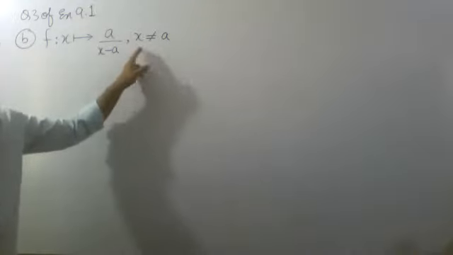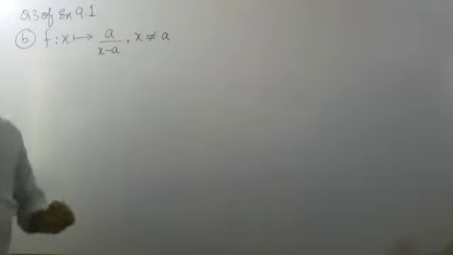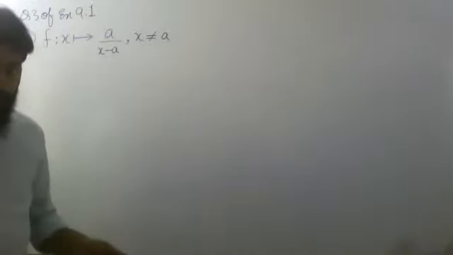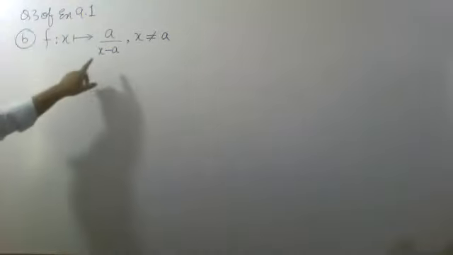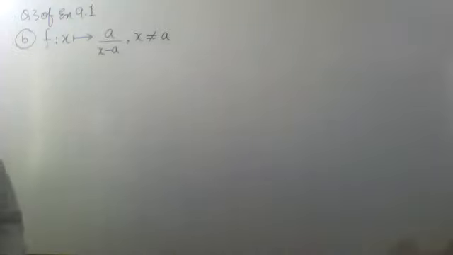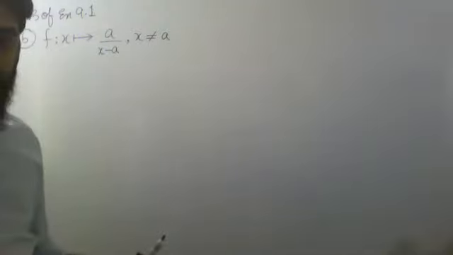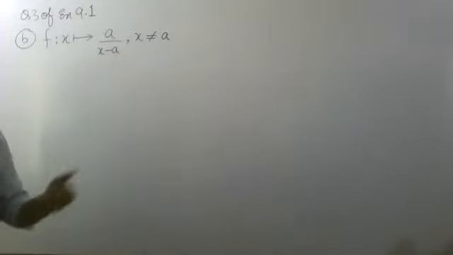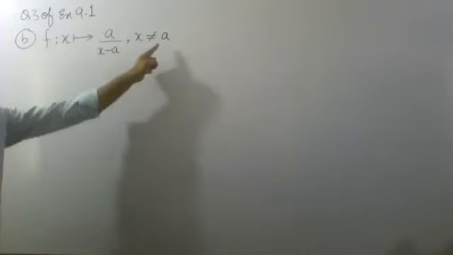Why are they telling us x is not equal to a? Because if x were equal to a, it means I would be putting a over here, and a minus a would be zero, so the result would be undefined. That's why they are telling us that you don't have to take x equal to a.